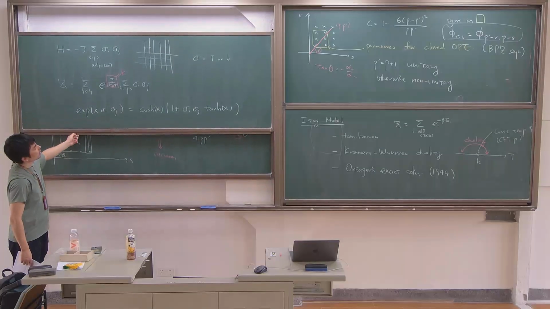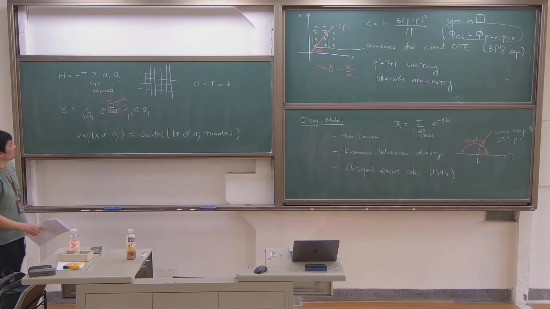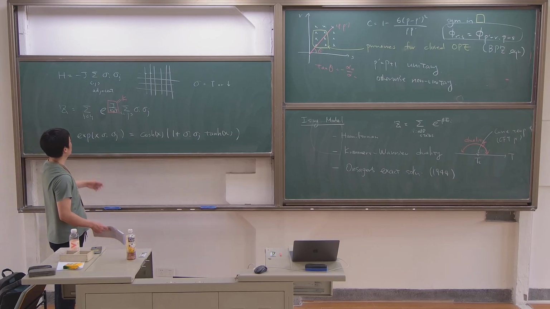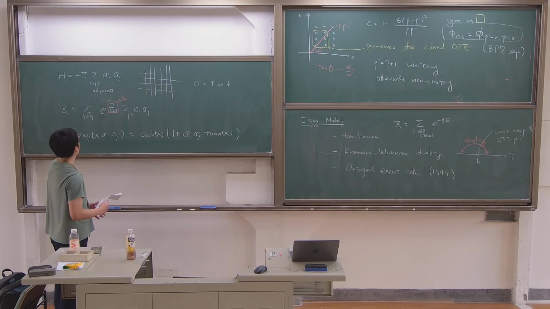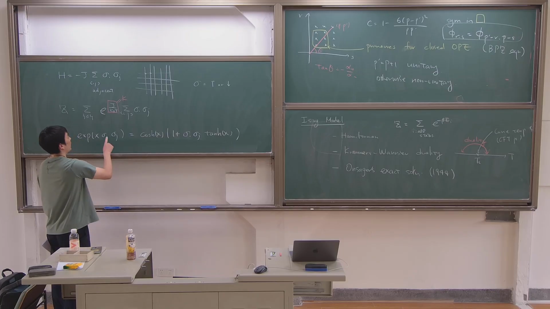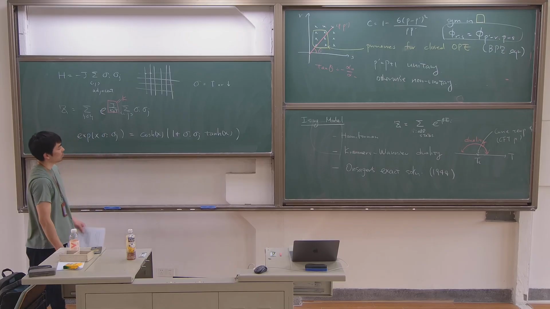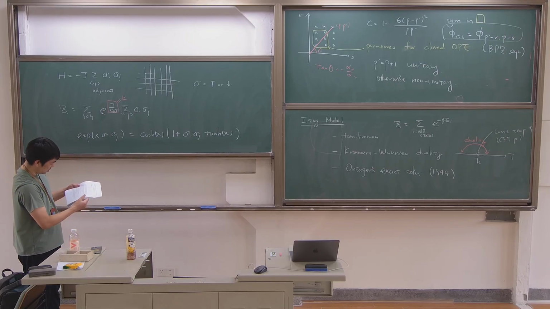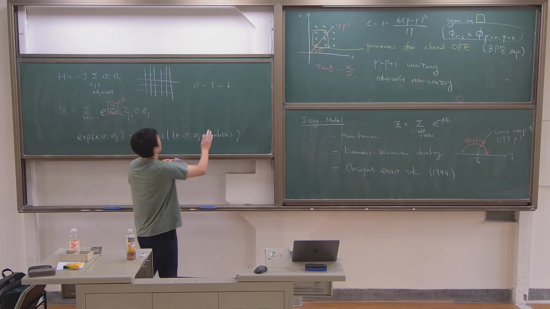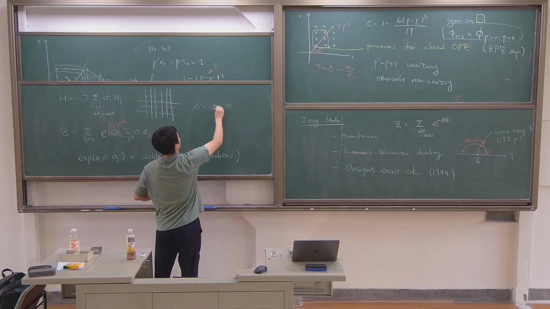So one can use this identity. Can you see this identity? How do we show this identity? Okay, let's see one by one. Suppose sigma_i and sigma_j, let's see, how can I show that? Sigma is plus or minus 1, right?